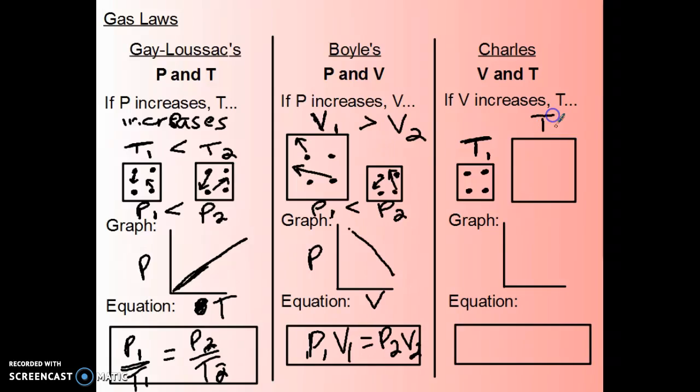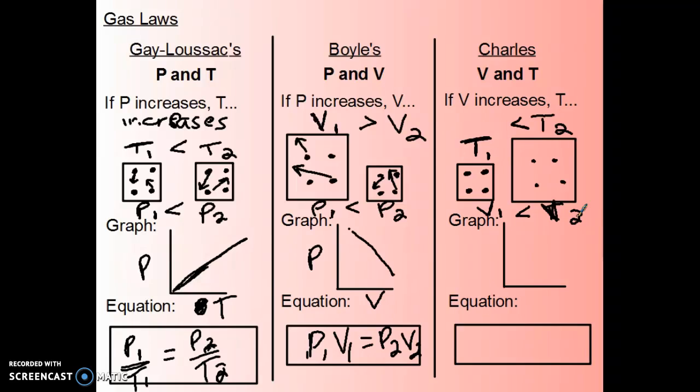Okay, so T2 is greater than T1, and our V1 is smaller than our V2. Okay, so in this graph, we will have also the same thing as before. Temperature 1 less than temperature 2.